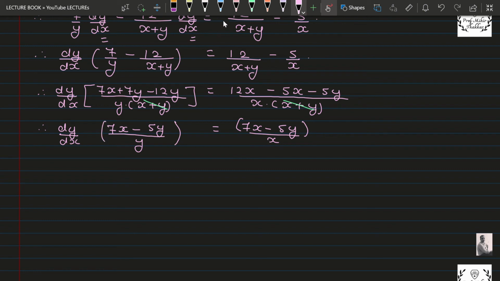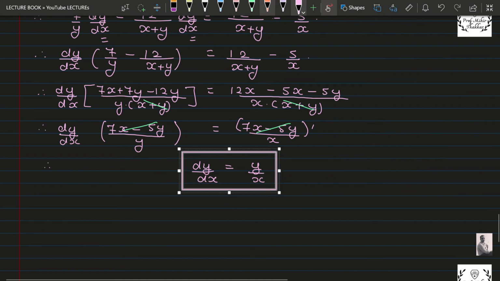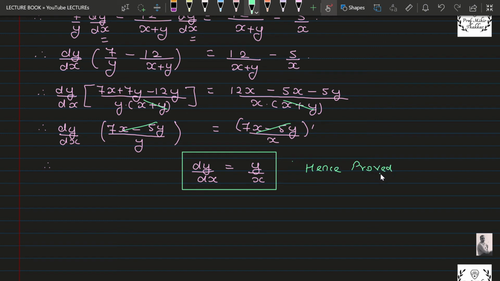So guys, if you observe carefully, 7x minus 5y will also get cancelled off. Here it will be remaining 1 by x. So yes, when I cross multiply that y, we get our required value as y upon x. Hence proved.